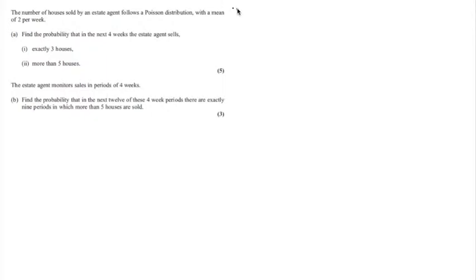Okay, so the number of houses sold by an estate agent follows a Poisson distribution with a mean of 2 per week. Part A asks us to find the probability that in the next 4 weeks the estate agent sells. So, what we know at the beginning is for 1 week, if X is the number of houses sold, then X is distributed with a Poisson with a mean of 2 per week.